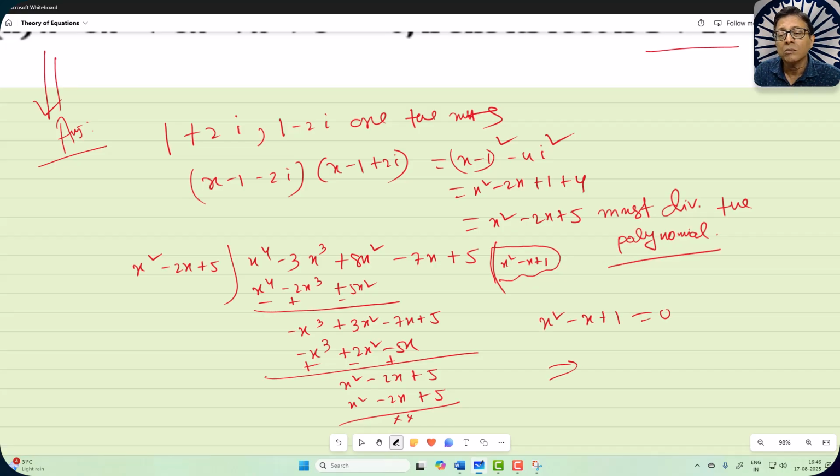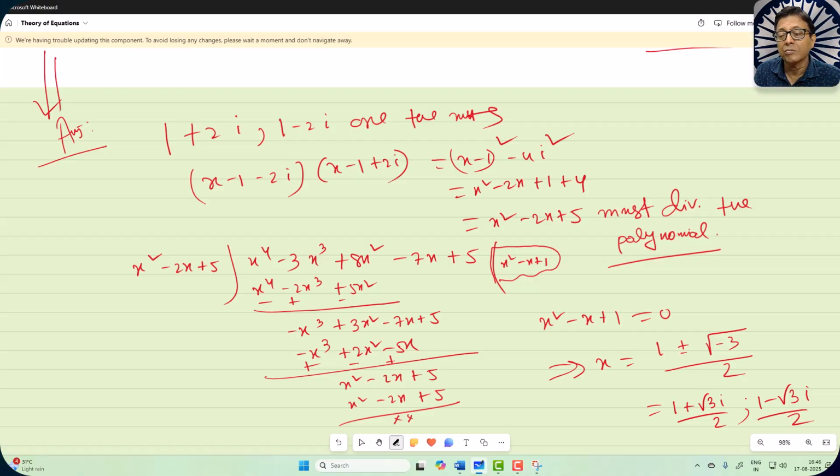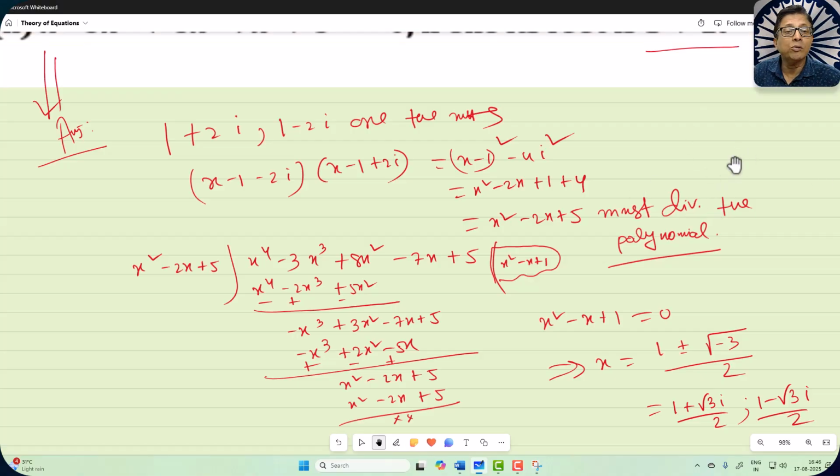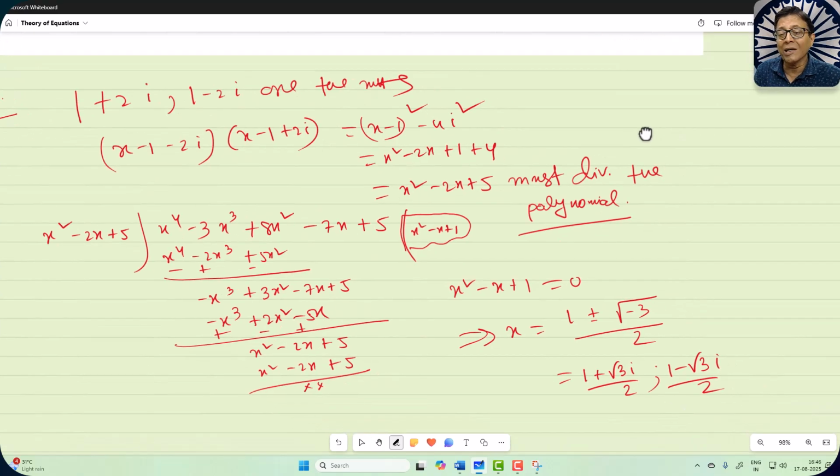1 equals 0. This implies x equals 1 plus root 3i by 2, or 1 minus root 3i by 2. Okay? So the other two roots we have already got, 1 plus 2i and 1 minus 2i.